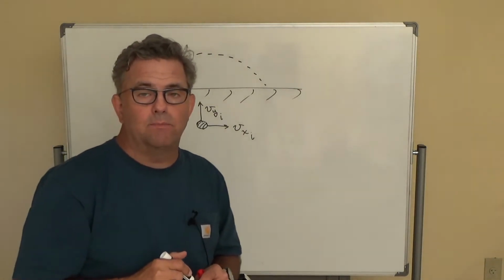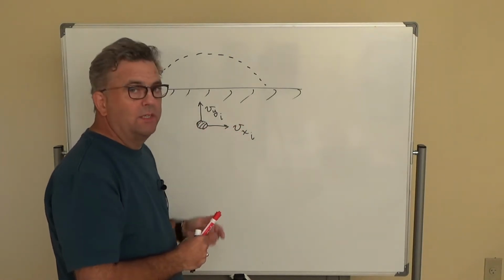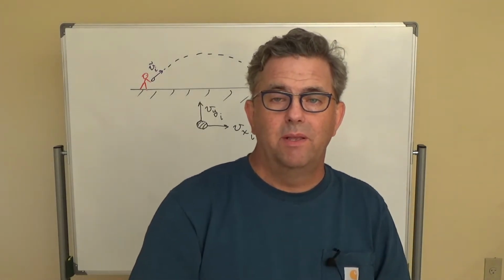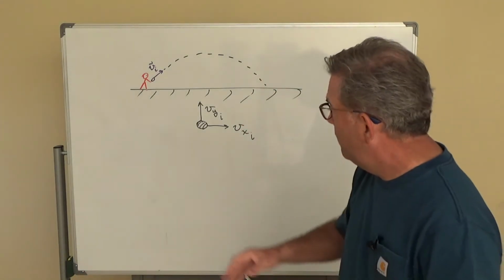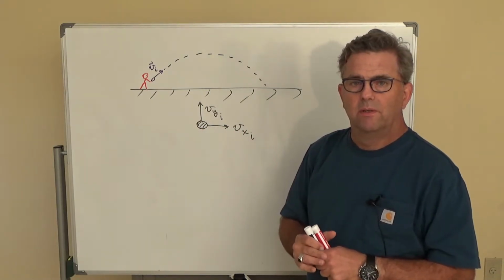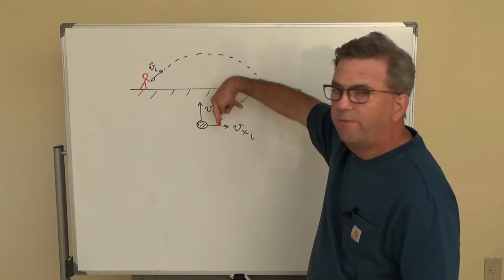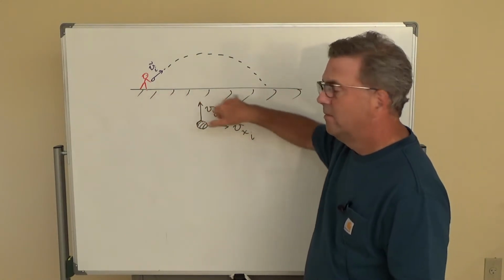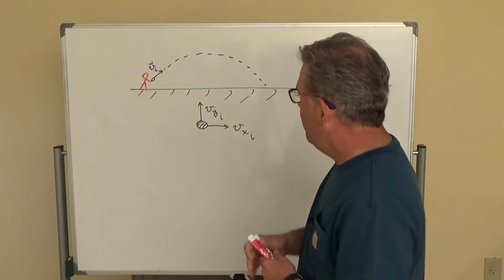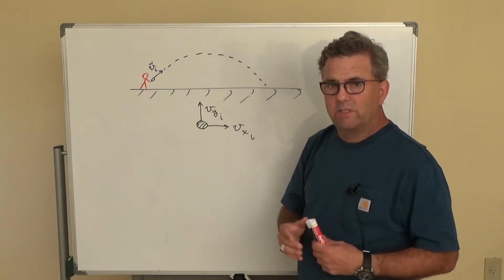I claim that in the x direction, this component of the velocity will not change during the entire trip. It cannot change. There is no acceleration in the x direction. We're assuming that the acceleration due to gravity is perfectly vertical along this entire path. However, in this direction, the object is accelerating.